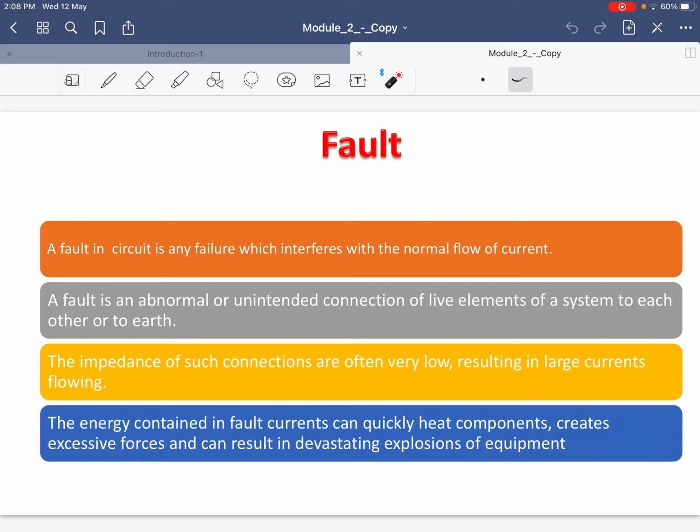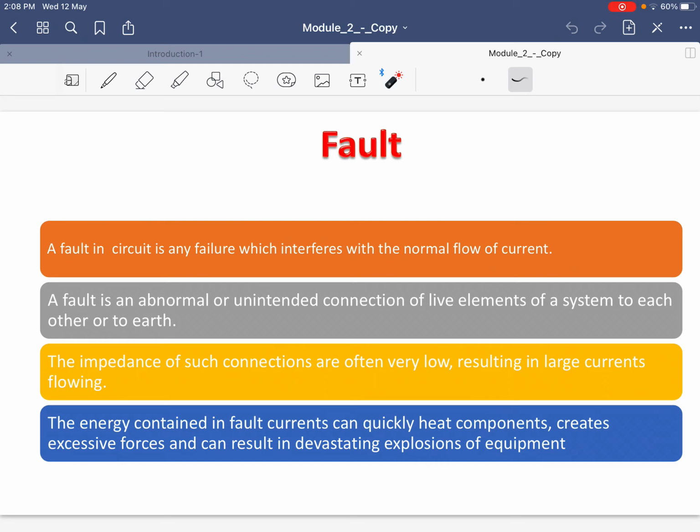In the event of a fault, there is a sudden change in the circuit conditions in the form of voltage and current. The current increases, and at the same time the voltage at the fault point falls drastically. These are the observations we get. Any failure which interferes with the normal flow is what we call a fault.